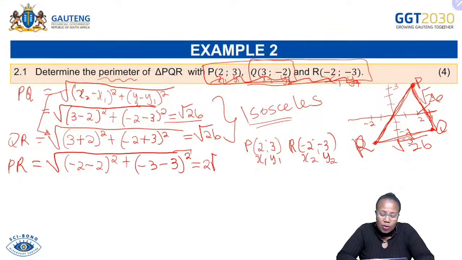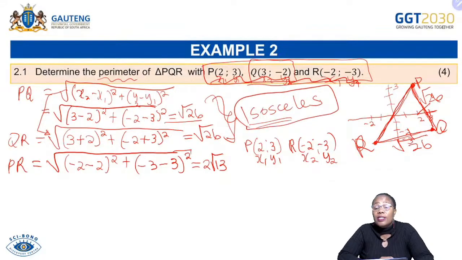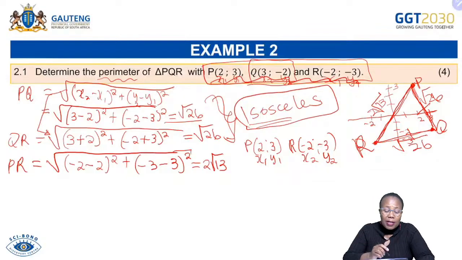This is giving us 2 square root of 13. Happy it is not the same as that one. So our answer remains that this is an isosceles triangle. Why? Because two sides are equal. So PR will be 2 square root 13. Remember, now we have calculated the values of all the sides separately, but we have not yet addressed the question. We need the perimeter.